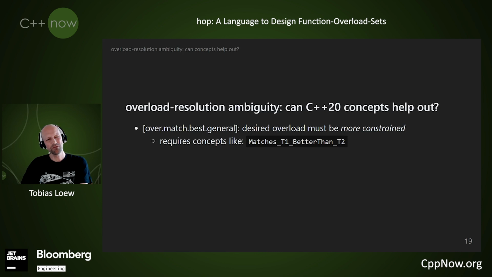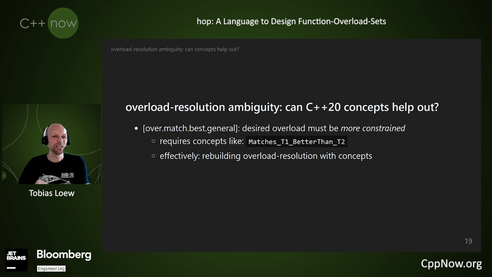This would mean we would need concepts in the form of some type matches some argument better than some other type. So effectively, this would mean we rebuild the overload resolution with concepts.